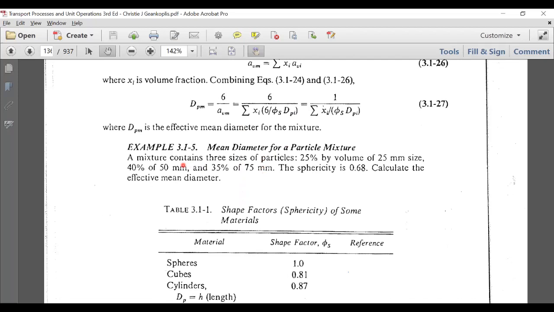We have a mixture of packing materials containing three sizes of particle: 25% by volume of 25 millimeter size, 40% of 50 millimeter size, and 35% of 75 millimeter size. The sphericity of these three particles is 0.68.